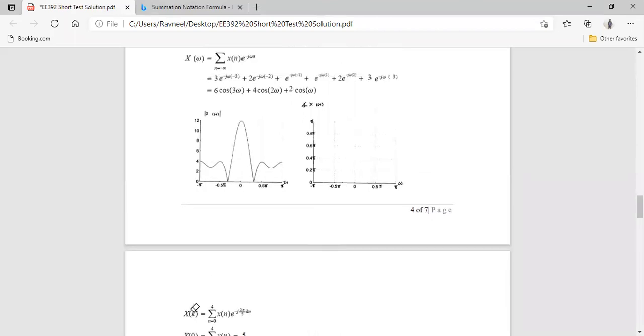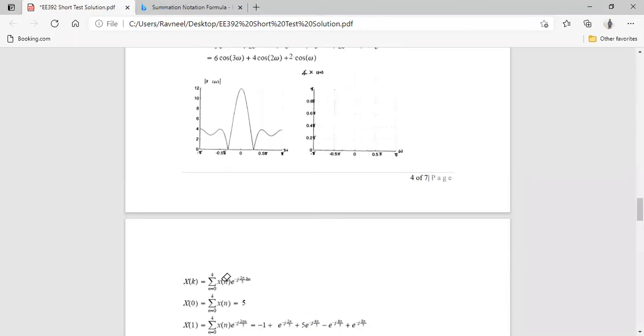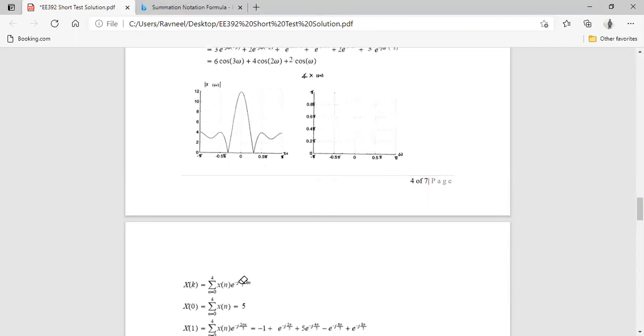When k is equal to 0, what happens? The whole sequence is just the addition of all the terms, isn't it? We are just left with x of n multiplied by e to the power of minus j 2 pi upon 5 times 0 times n.